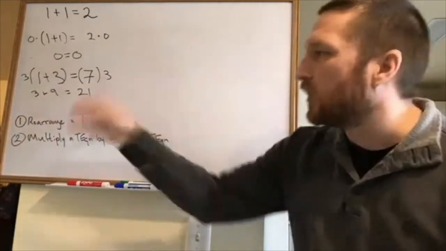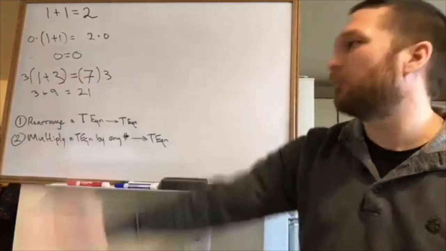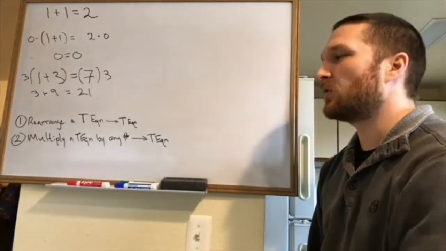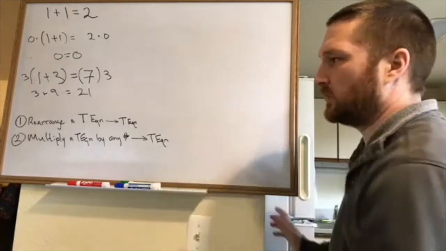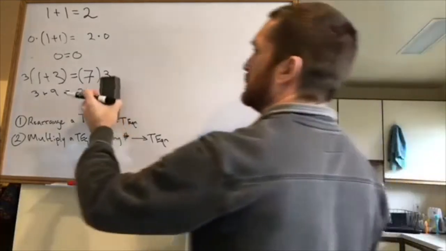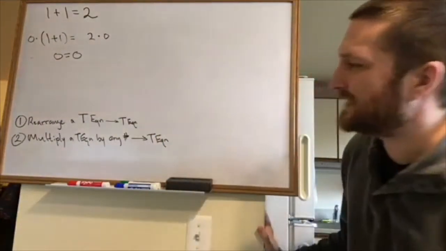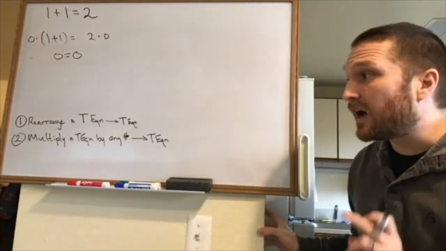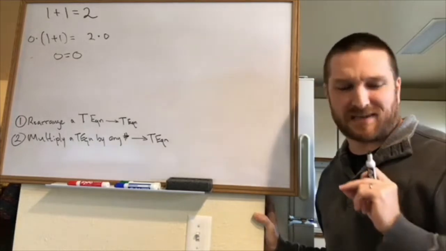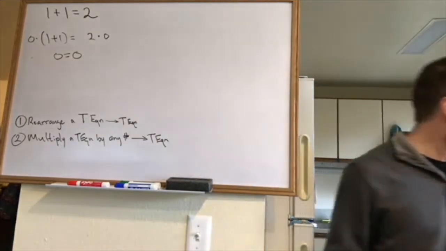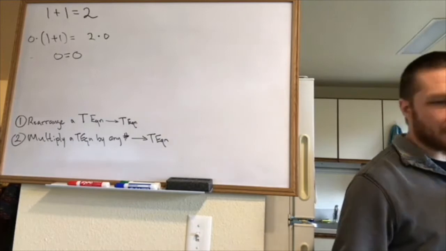If I start with a false equation, I end up with a false equation. So we're not interested in false equations. We're talking about true equations. Okay, so that's the second observation. Do you believe the second observation? Yes. Makes sense. Okay.